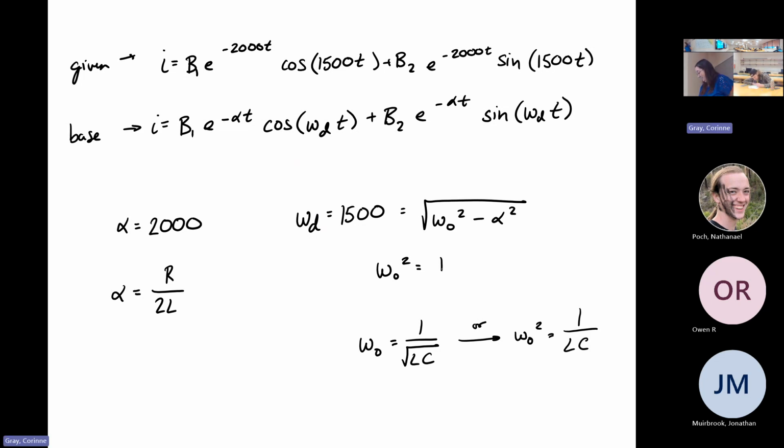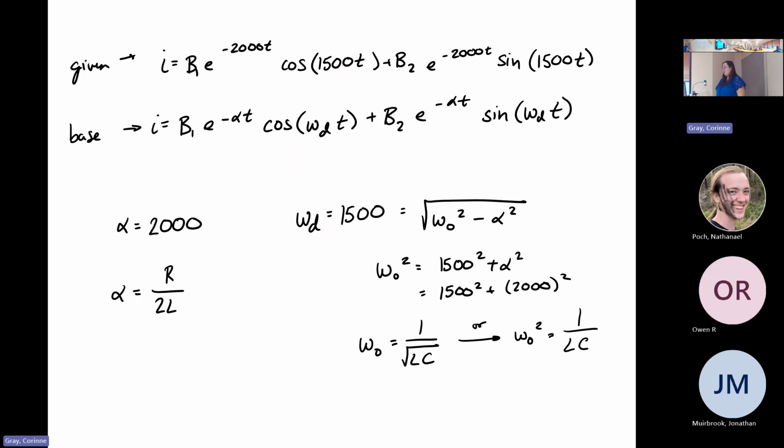I'm going to take my 1500 and square it, and then what do I need to do to the alpha squared? We have alpha, so we can find omega naught squared. We'll have our 1500 squared plus 2000 squared. That'll give us our omega naught squared, which we can then rearrange for L, get the value, plug it in, get the resistor, and then figure out the rest. But we will do that at the start of next lecture.